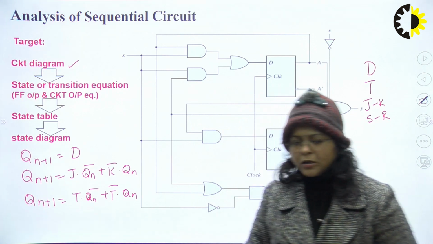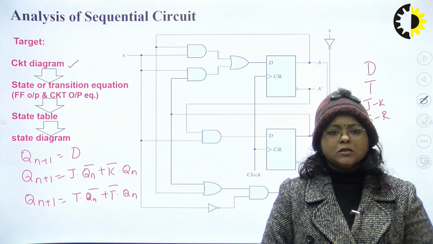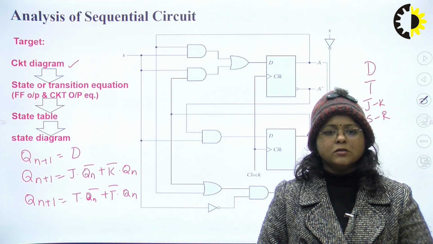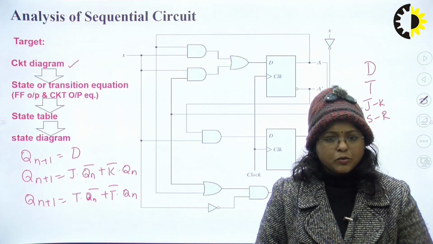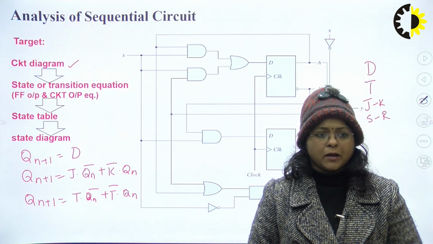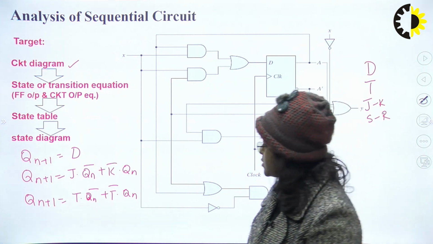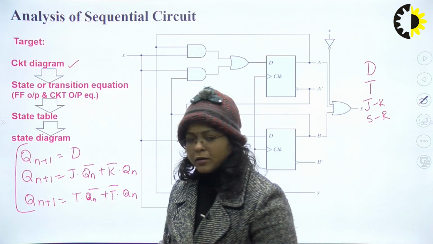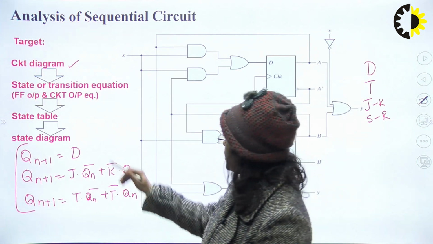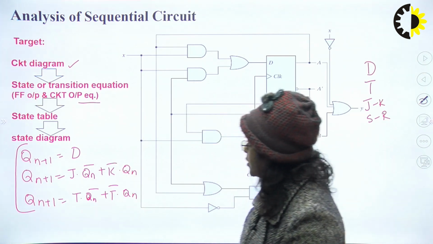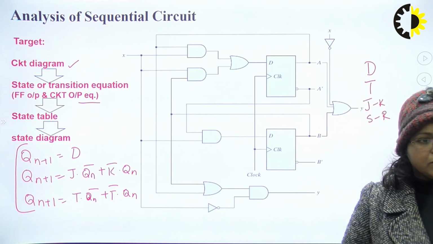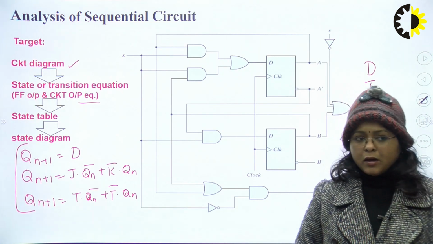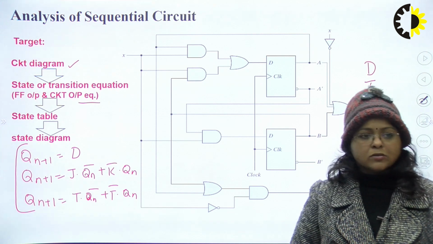And we normally don't use SR flip-flop in sequential circuit designing because one of the input combinations generates an invalid state. So, using these three equations, we find out the state equation and the output equation. Then we formulate the state table or transition table, and using this table we find out the state diagram.